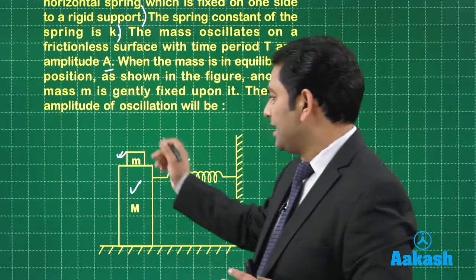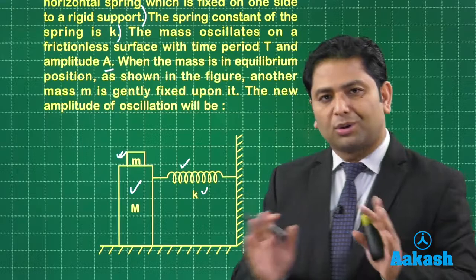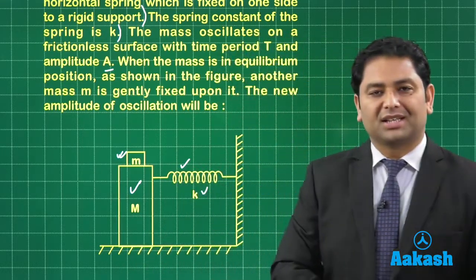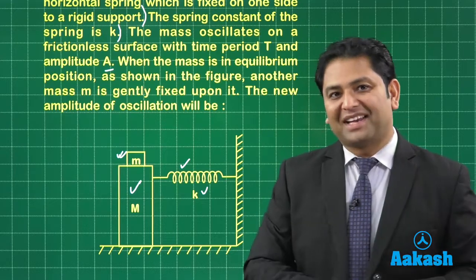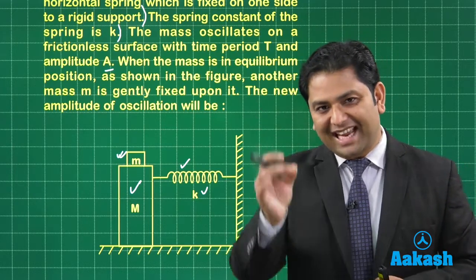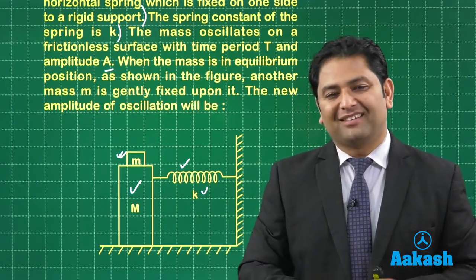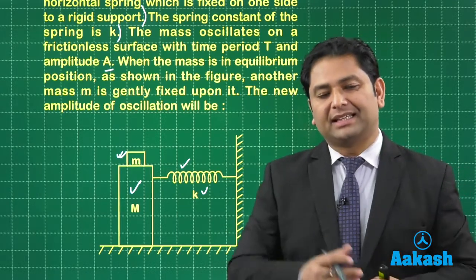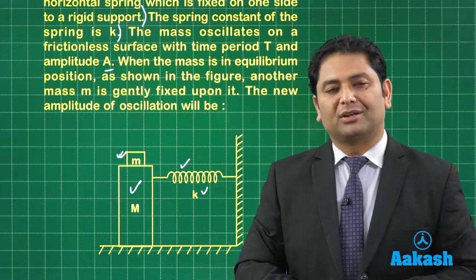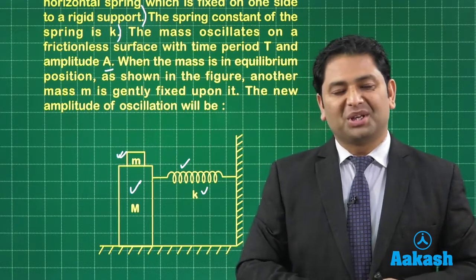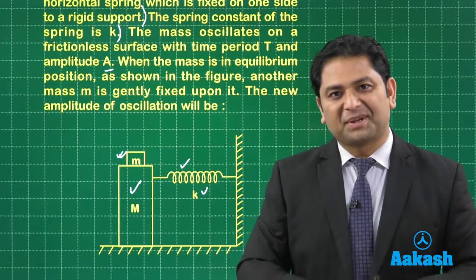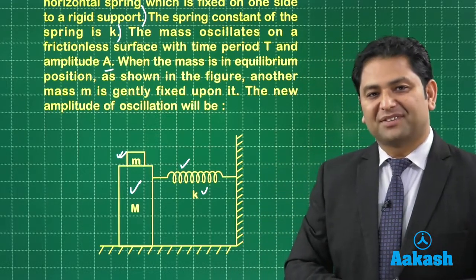Now see, at the mean position, the net force is already 0, because that's the definition of the mean position. And on top of that, the little mass is added very gently. That means the entire procedure is conducted under an environment of net force 0. And if net force is 0, what happens? The linear momentum is conserved, right?